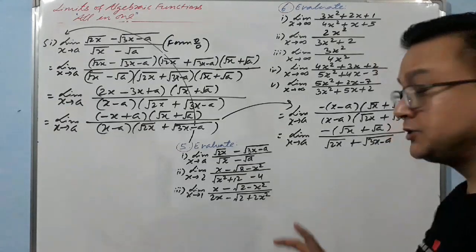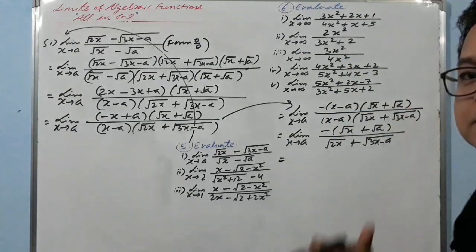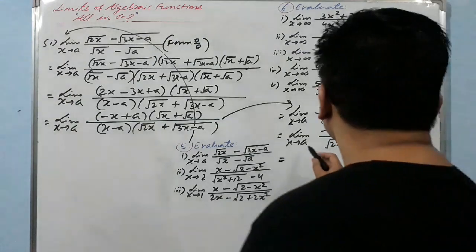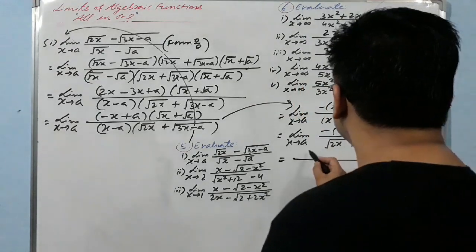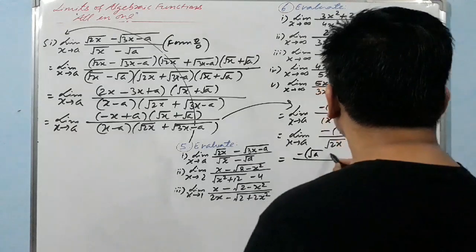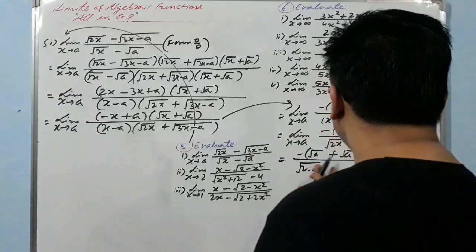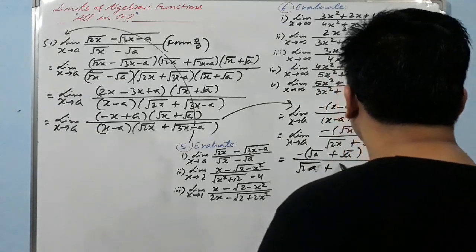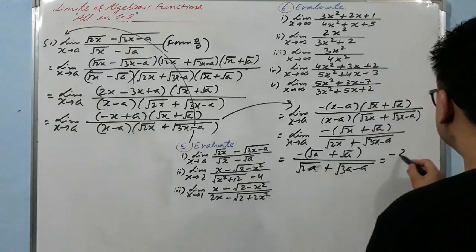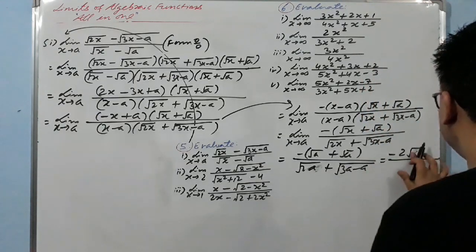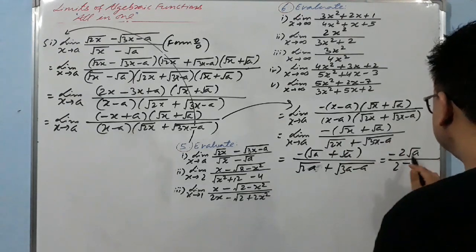Now you can stop the simplification and substitute at this level. You will find the limit of the function is equal to the value of the function. So the limit as x tends to a: root x tends to root a, minus, and here plus root a over root 2x, so root 2a, plus root 3a minus a. You are going to get minus 2 root a over 2 root 2a.